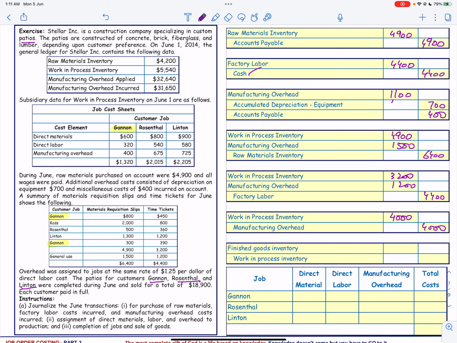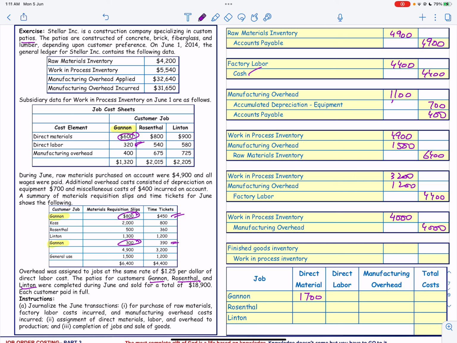So for Gannon, we have the direct material, that is 600. To this we are going to add Gannon's material requisition of 800 and 300 as well, and this makes a total of 1,700. The direct labor used for Gannon is 320, and to this we are going to add Gannon's 450 and 390.